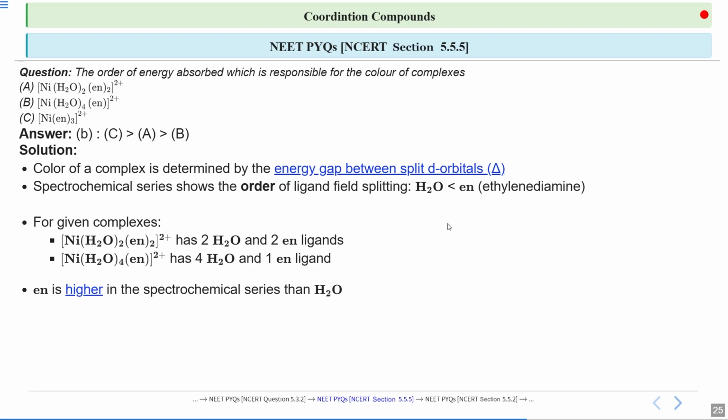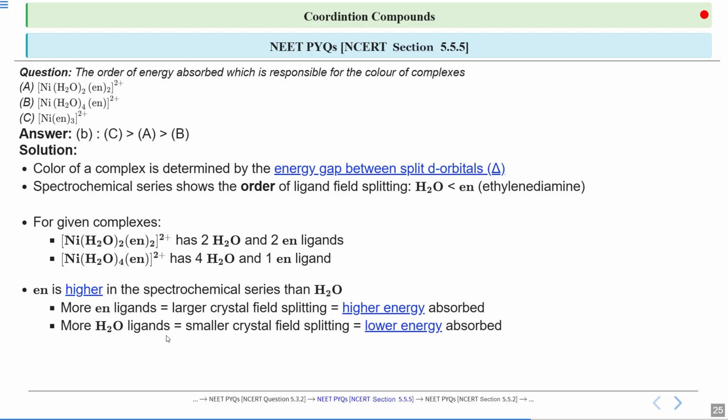In the spectrochemical series, en is a strong field ligand compared to the water molecule. So the presence of more en ligands means that larger crystal field splitting will happen. That means high energy will be absorbed. More water ligands means smaller crystal field splitting. That means lower energy will be absorbed. This is the direct relationship that we are going to use in this solution.